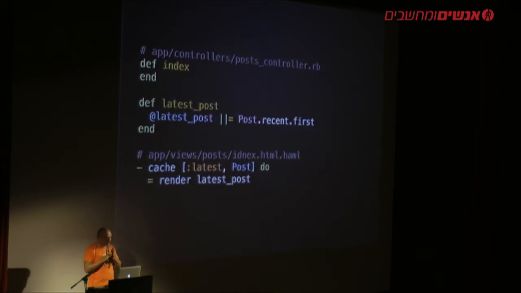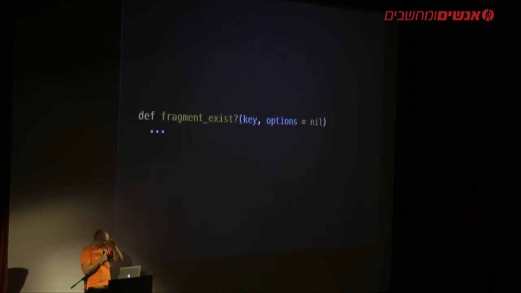So instead, it's better to move your queries inside helper methods and access them from inside the cached fragment. If the fragment is cached, it will not be executed, so the helper will not be executed, and you will not have the database query. Another option is you can check for the existence of a fragment and run code depending on that.